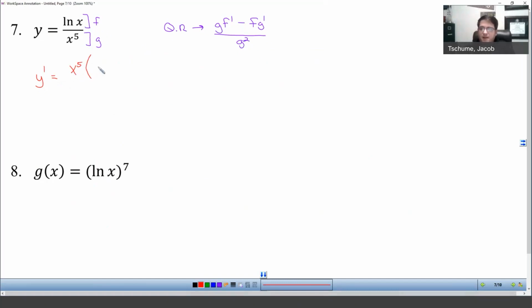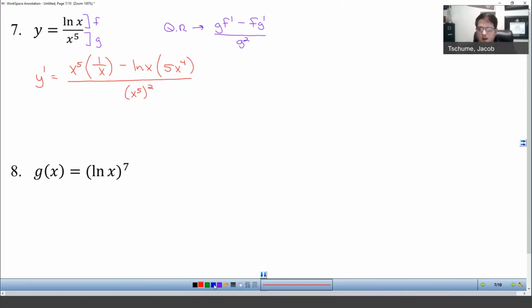The derivative of ln of x is just 1 over x, minus your f function, which is the natural log of x, times the derivative of g. The derivative of x to the 5th is 5x to the 4th. All of this divided by g squared, so x to the 5th all squared.